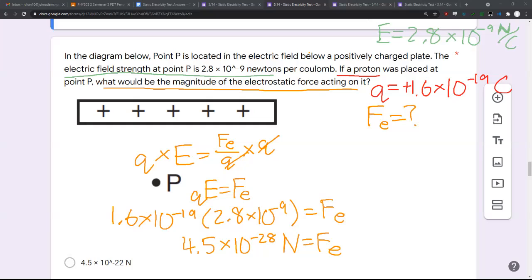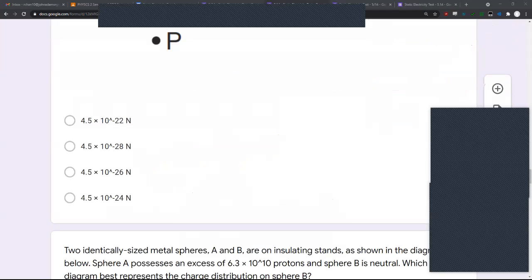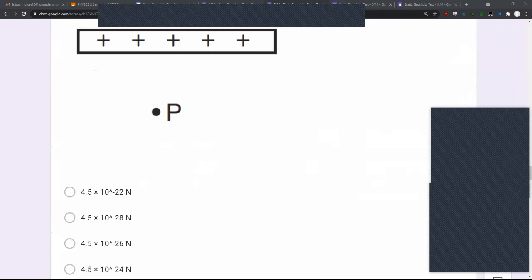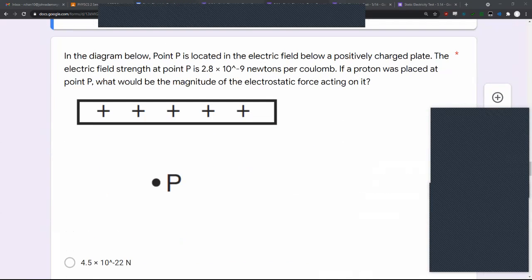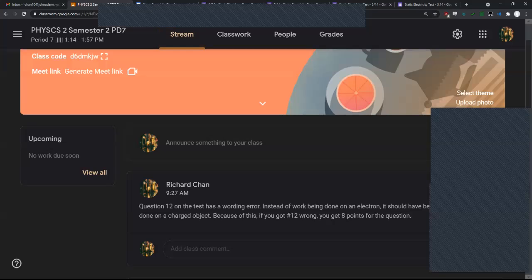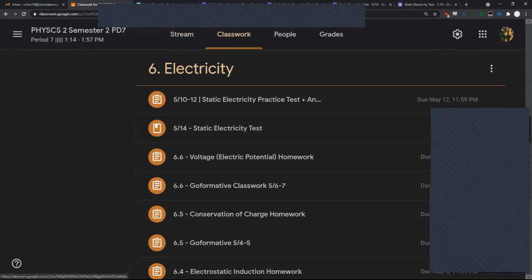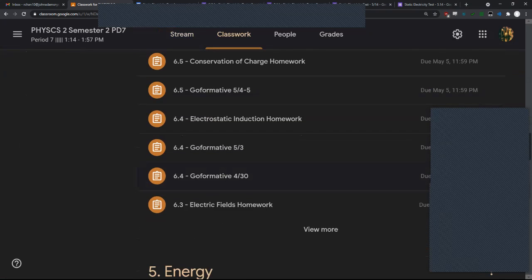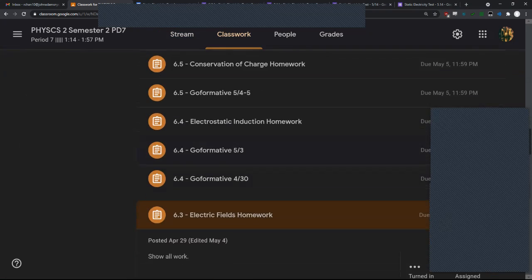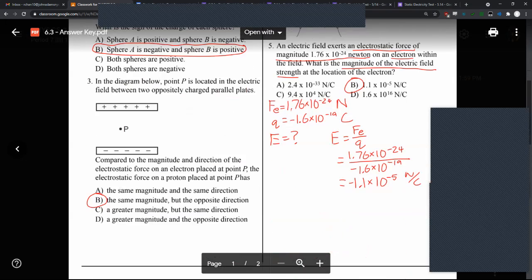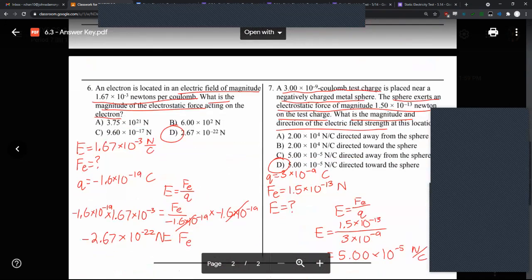Okay, let's move on, guys. If you need me to hold it here, let me know. Also, this question, you know how I like going back and showing you which homework questions this was like. It was question 6, pretty much the same exact question.